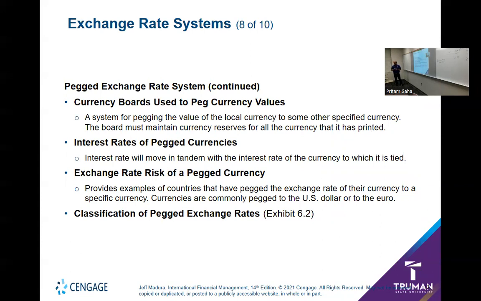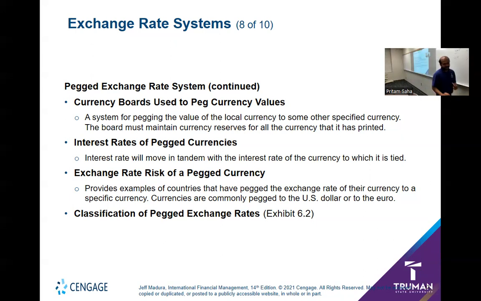They have to maintain the reserves so that their currency can move with the currency they want to peg to. Interest rates between these two countries will move similarly too. So these are the things.